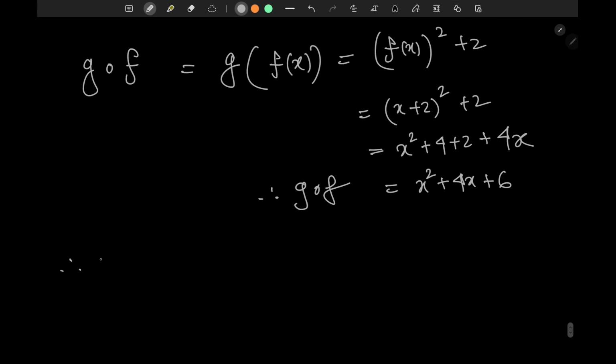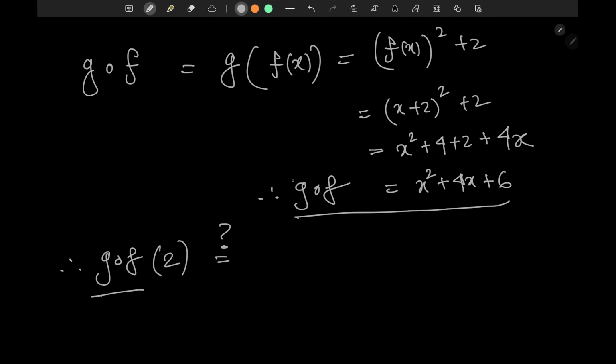Now, people can also ask you to evaluate something like g of f of 2. What does this mean? This just means you first do g of f, what I did over here, and then you just put the value 2 instead of x.